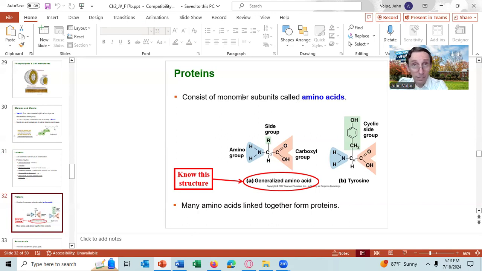When we're talking about carbohydrates, there's a handful, maybe a dozen different sugars, and that's true for most lipids too, although they're closer to a dozen that make up the different fats. And proteins, at least in humans, have 20 different amino acids.